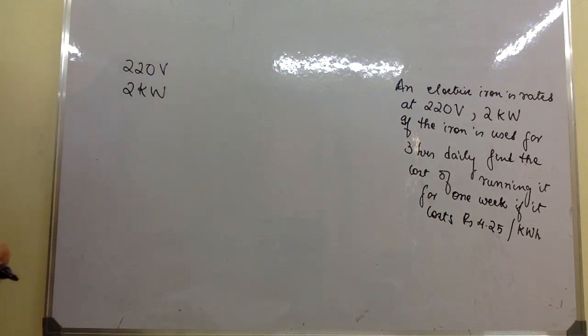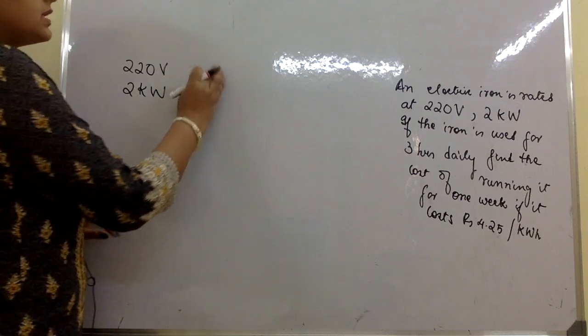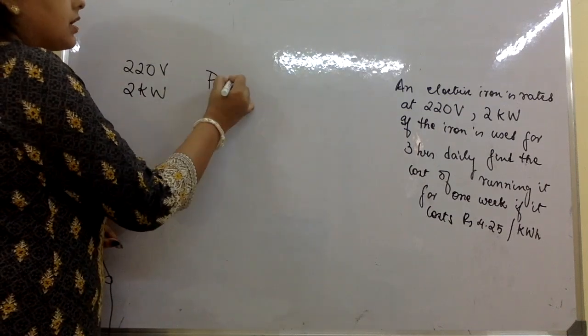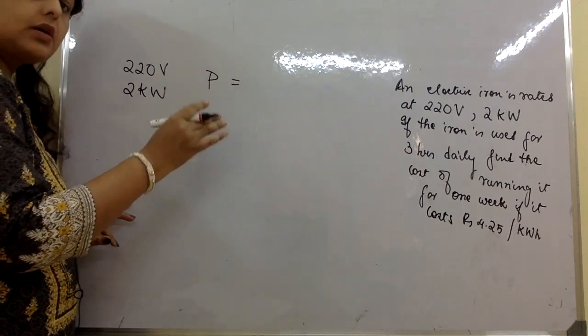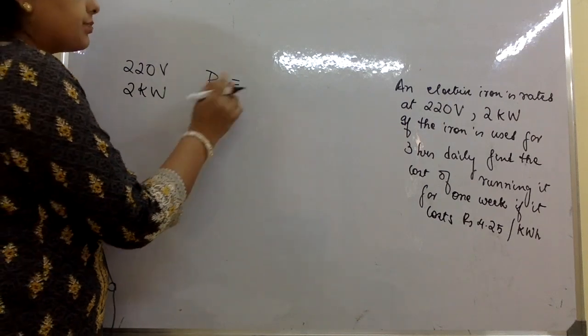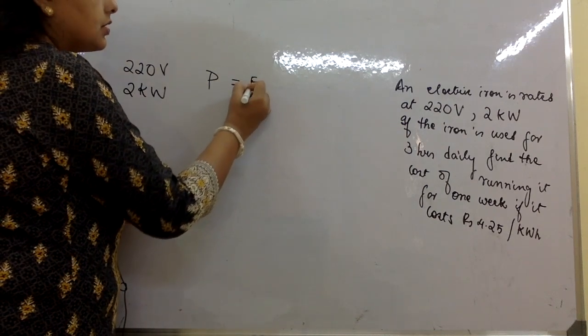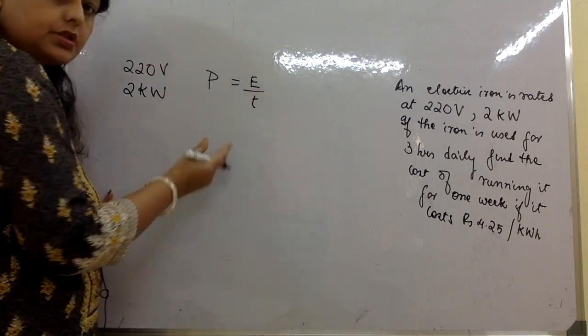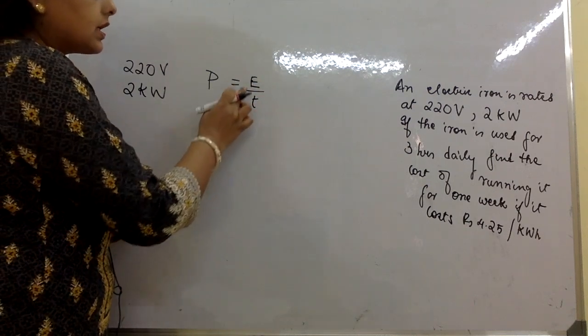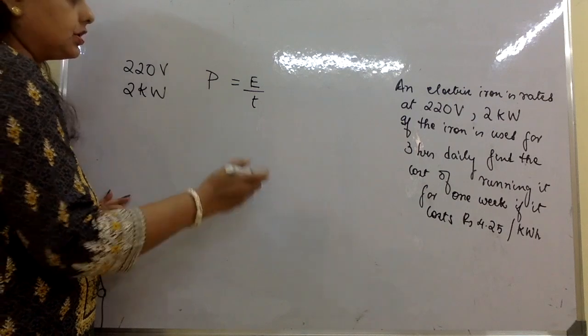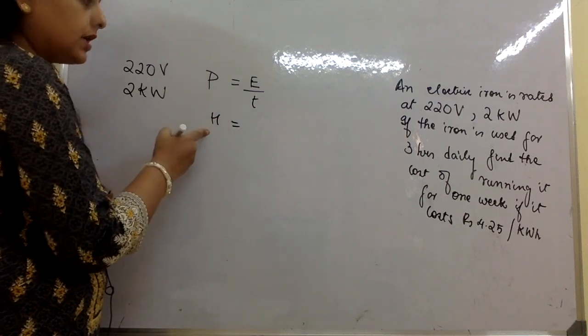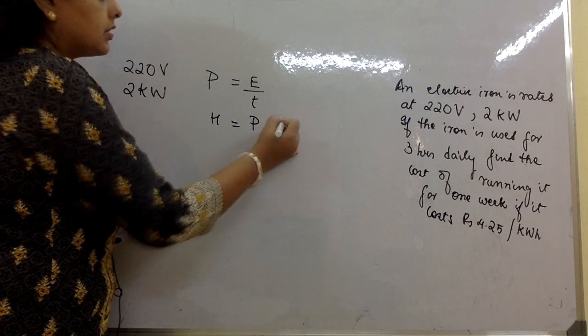Okay, so here remember one thing, we know this power, whether it is electrical power or mechanical power, power is energy by time. Now energy, in this case, is heat energy. So heat or energy is power into time.